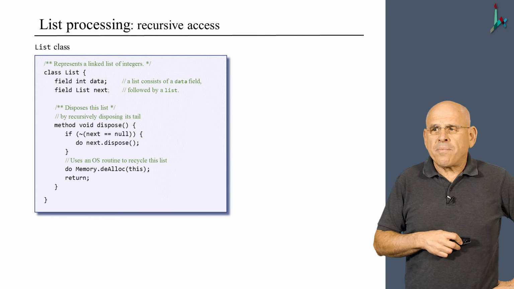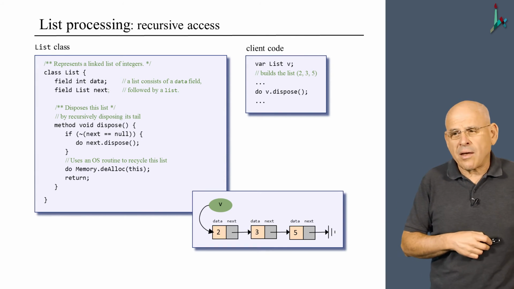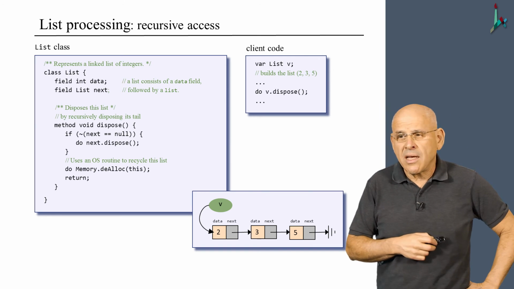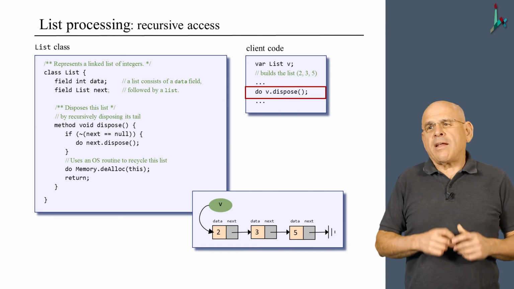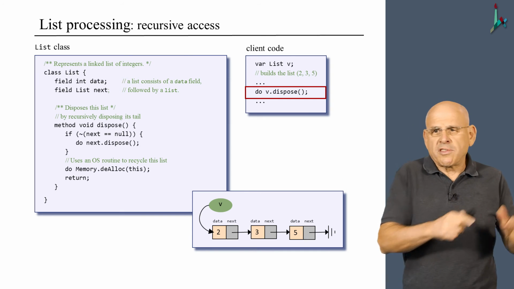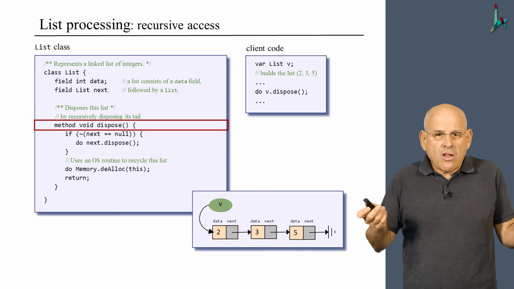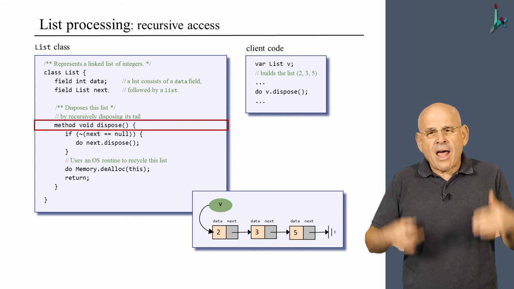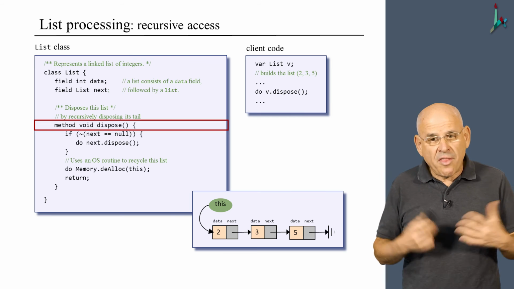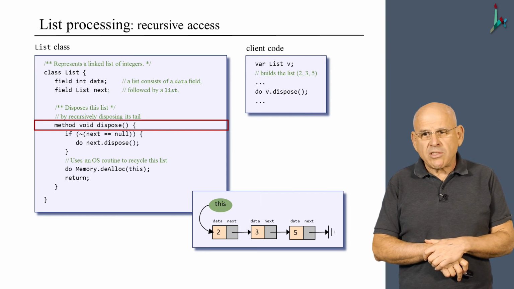And the client, as usual, creates the list, gets this abstraction, and then the client says dispose. Once again, when we say dispose, control moves to the dispose method. The dispose method does not know what v is, and instead now the variable this points at the object that was passed to dispose.